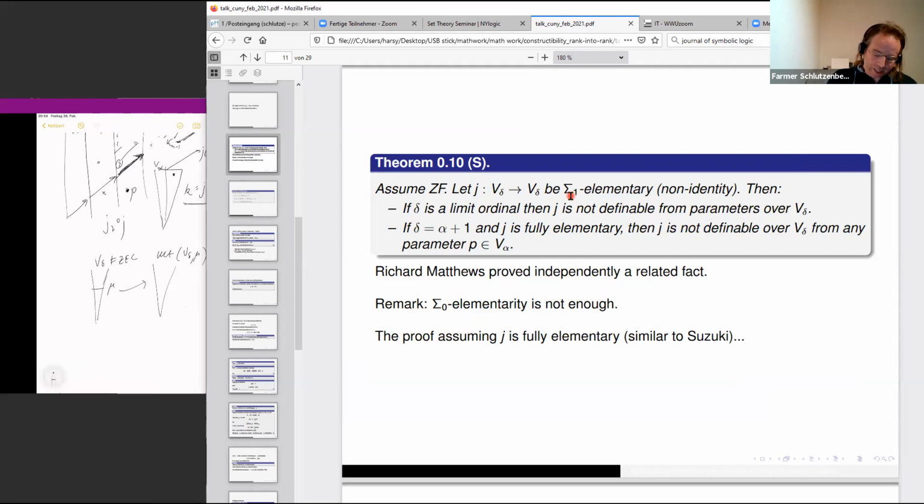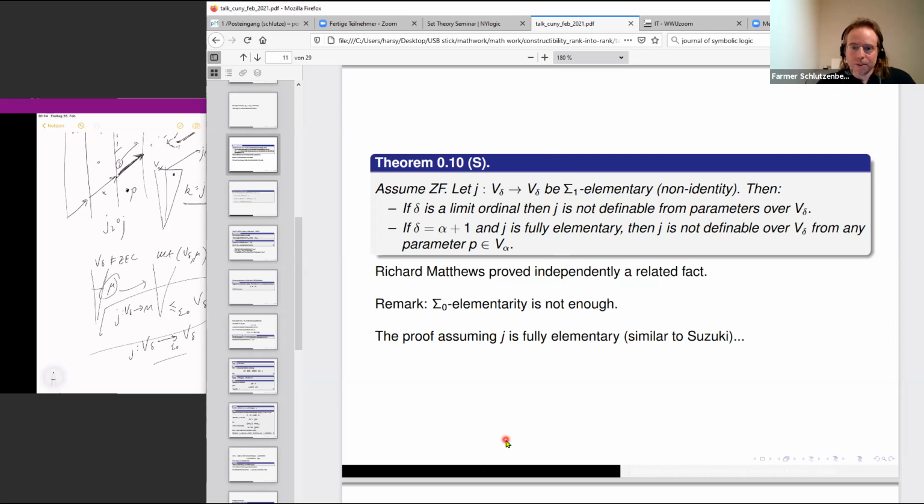So this gives us J from V delta into M. M is the ultrapower, but M is transitive, and so M is sigma 0 elementary in V delta itself in this case, and so therefore we can just look at J if we want as a sigma 0 elementary map from V delta to V delta, but this one is definable from the parameter mu here. So sigma 0 is not enough.